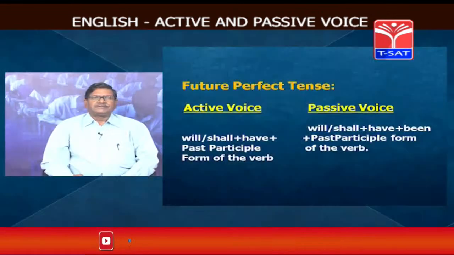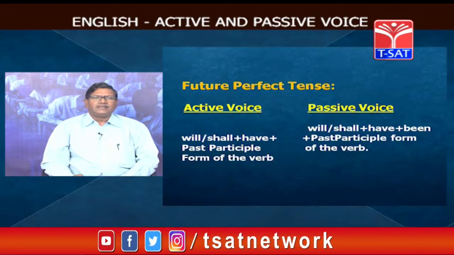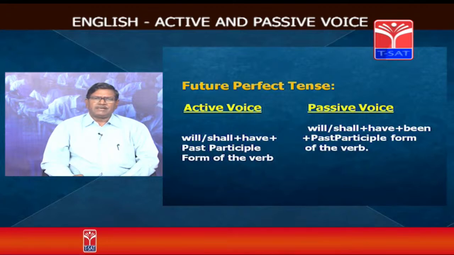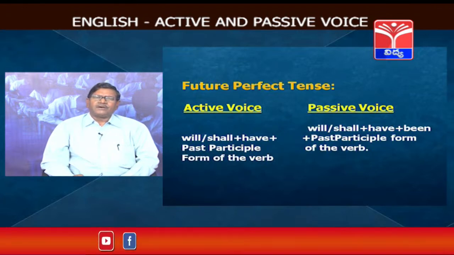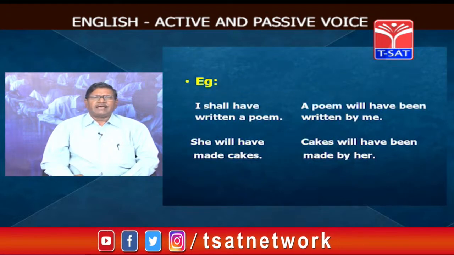Likewise, we can go for the next sentence. Future perfect. In the active voice, because it is future, will or shall will be the helping verbs, and because it is perfect tense, have will also be there along with will or shall, and then the past participle form of the verb. I shall have written a poem.